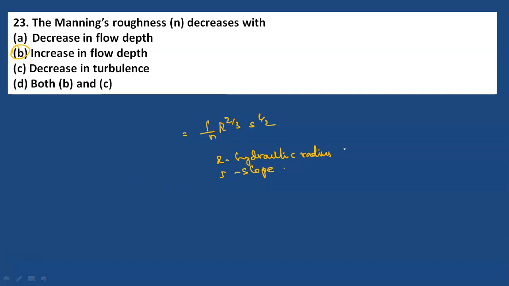R can be written as A by P, where P is the wetted perimeter in meters and A is the area. Area can be written as pi by 4 d square. We can see the upcoming slides define the Manning's formula. So it decreases with increase in the flow depth. Option B is the correct answer.